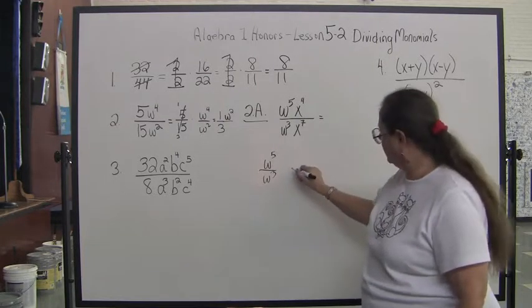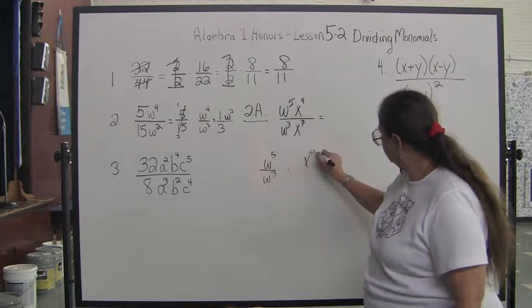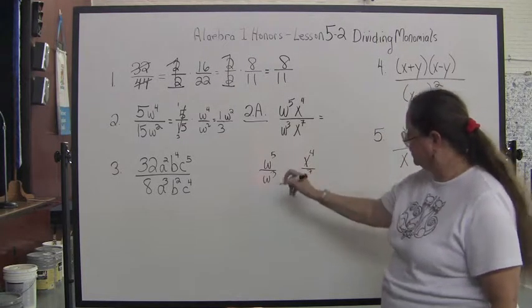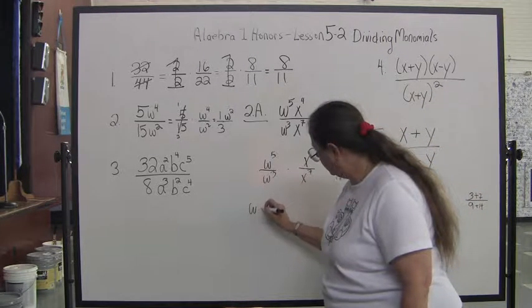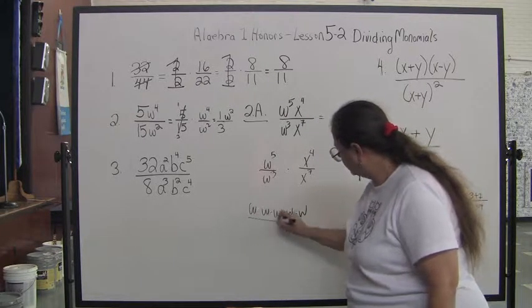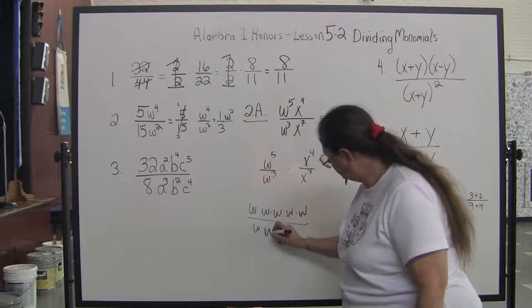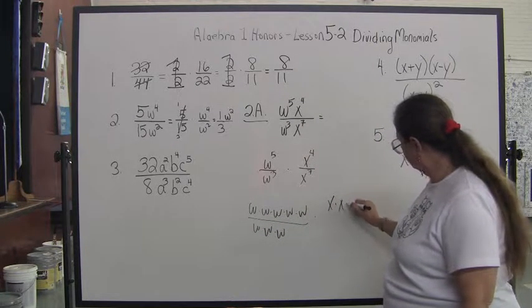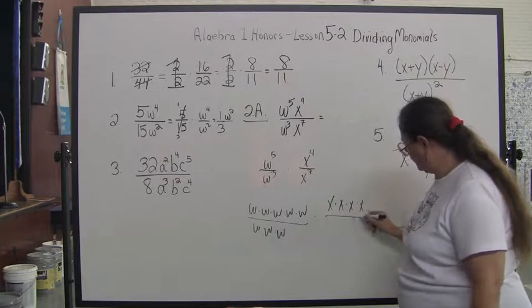Put my W's together. Put my X's together. Okay? And then I'm going to have 5 W's there. 1, 2, 3, 4, 5. 3 on the bottom. 1, 2, 3. Over here I'm going to have 4 X's on the top and 7 on the bottom.